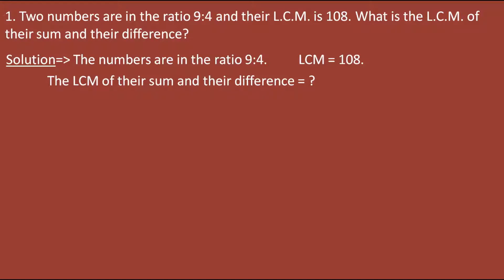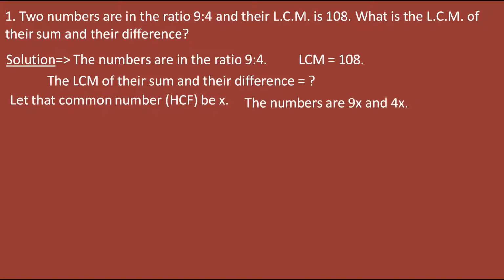That common number is the HCF, because HCF means the highest common factor. So let the common number or the HCF be x. Then the numbers become 9x and 4x.